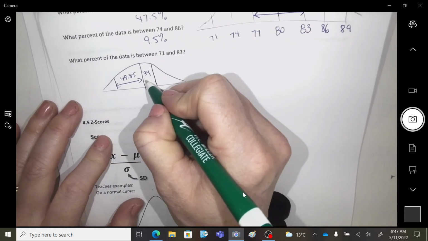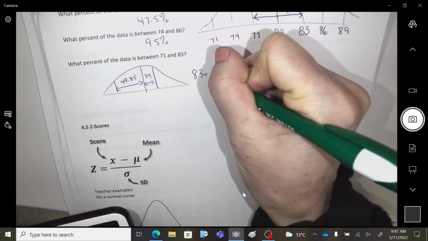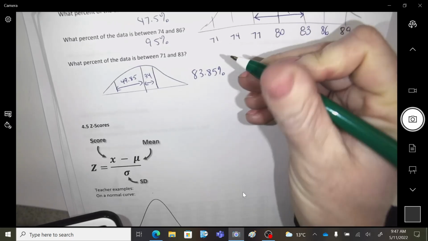So this is what I'm doing: this zone plus this zone. Do you see it from the graph we made? So some of them you might have to do a little bit of work for.